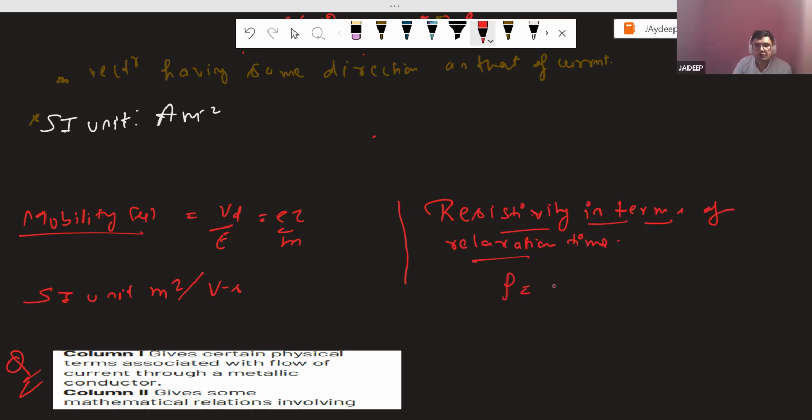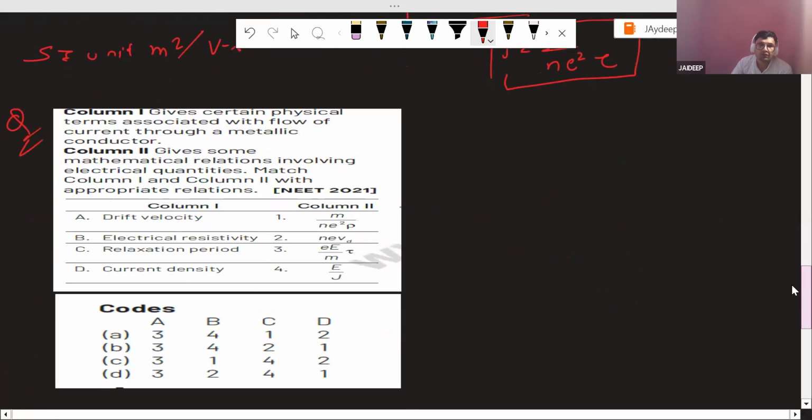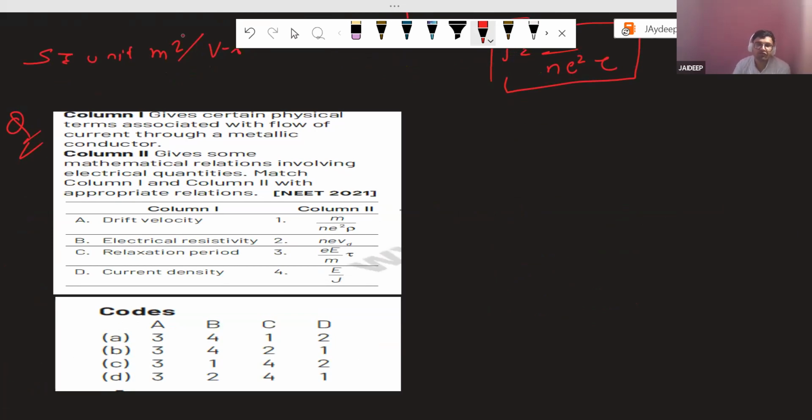That is rho equals m over n e square tau. Just remember this relation also. Now try this question and write your answer in the chat box. You have 2 to 3 minutes to do this question fast.